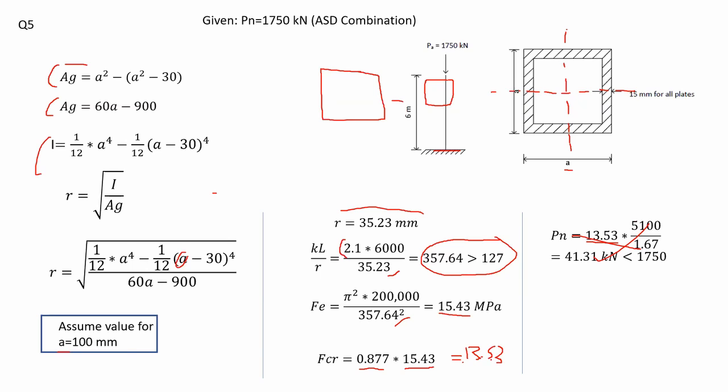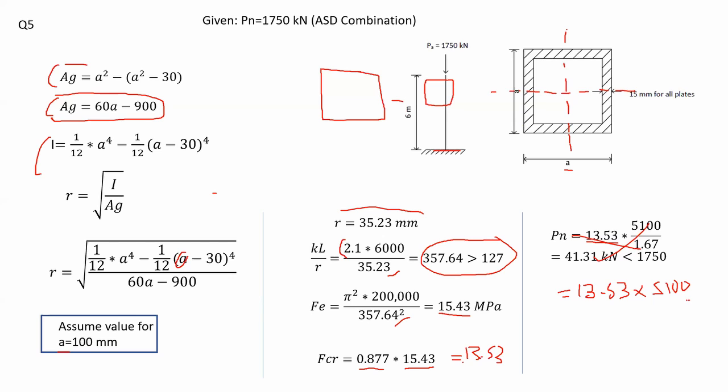You will take this value and multiply it by the gross area, 13.53, multiplied by the gross area in here. If you calculate it based on your assumed value 160 by 100 minus 900, oh yeah, it's actually going to give you 5,100.